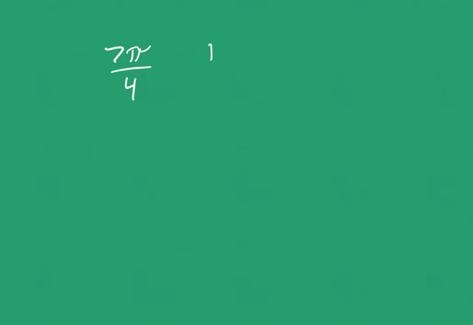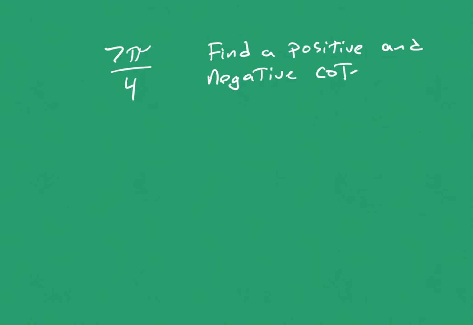And the directions here are to find a positive and negative coterminal angle. So we did this yesterday, and when we talked about this yesterday, what we said we did was we had that degree measure.